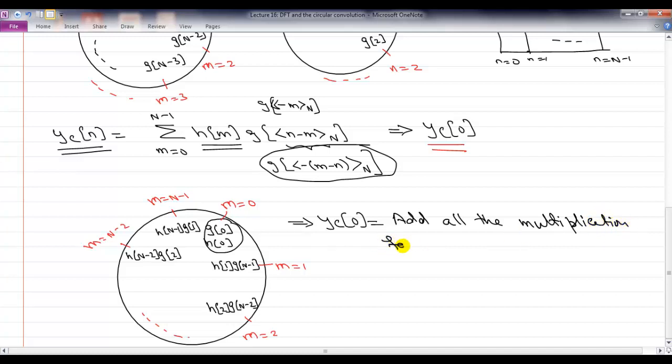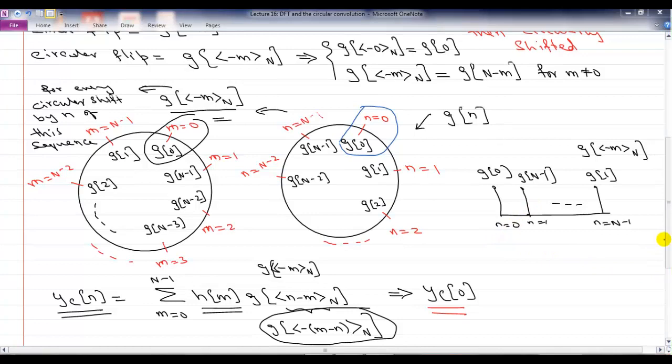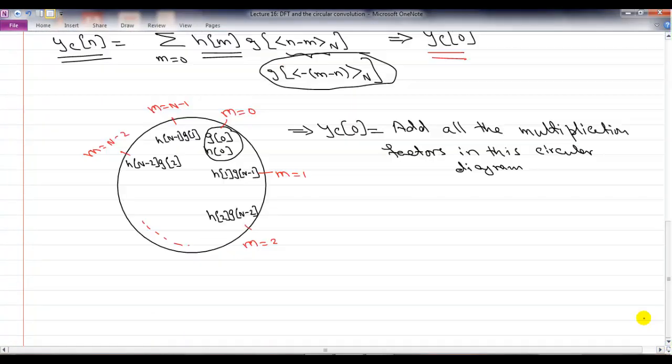So yc[0] is simply add all the multiplication factors in this circular diagram that you see. Now this is for yc[0]. If we want to do yc[1], for example, the formula says that we basically now just shift the circularly flipped version by 1 to the clockwise direction, and we simply multiply that with the h[m] sequence.